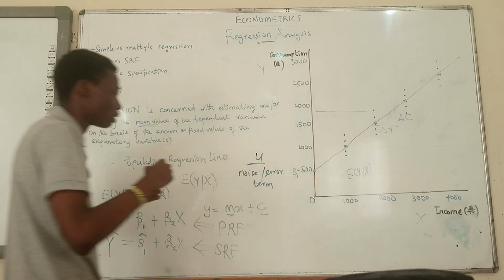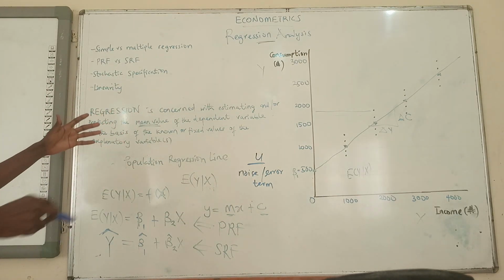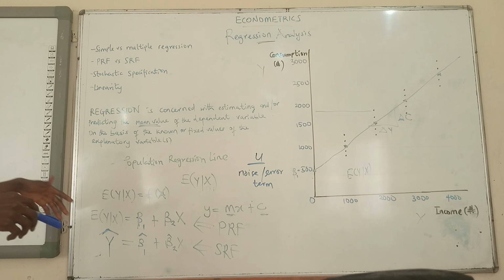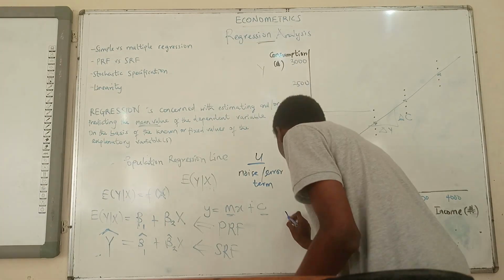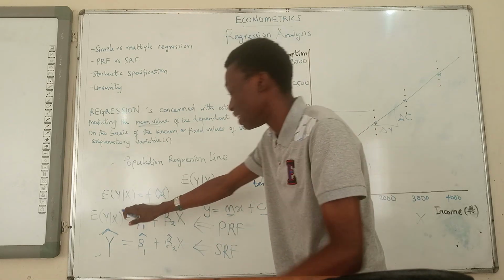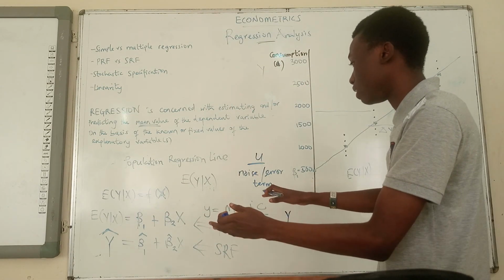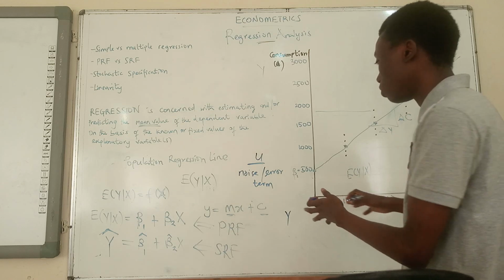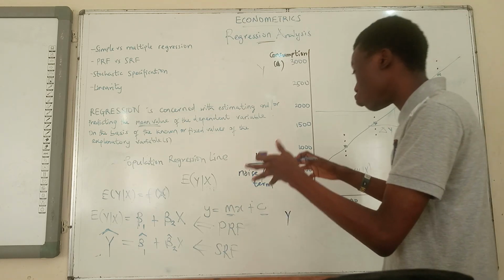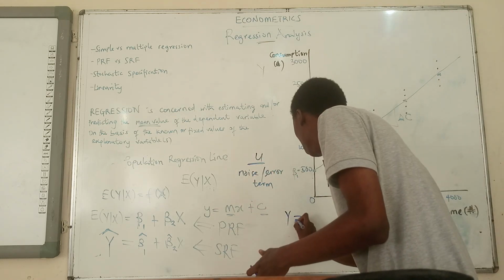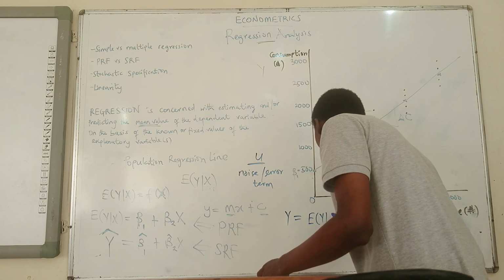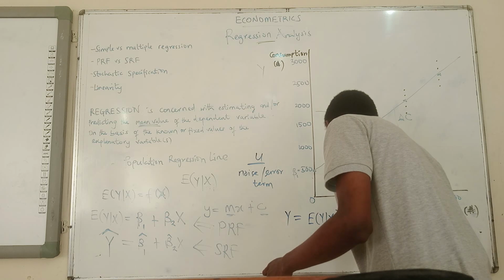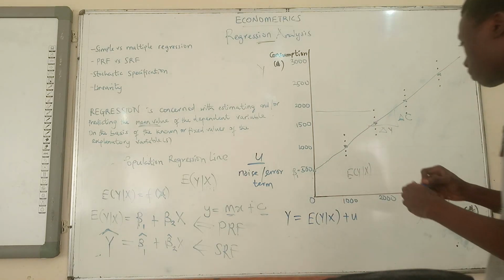So to specify our model stochastically, our true Y is the expected value of Y conditional on X. What will happen to Y exactly would be this expected value given X plus the error term, right?